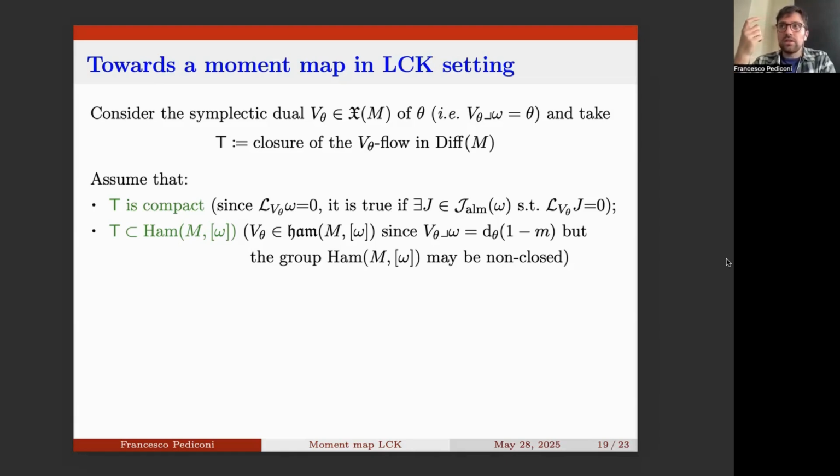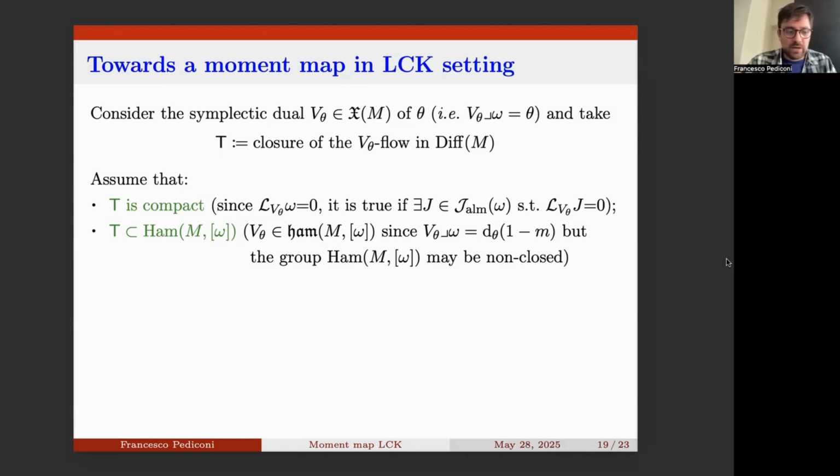But in general, as far as I know, it's not known whether the twisted Hamiltonian diffeomorphism group is closed or not. So if T is higher dimensional, it is not for free that the whole group acts by twisted Hamiltonian diffeomorphisms. These are the hypotheses that we need on this torus action on the manifold.